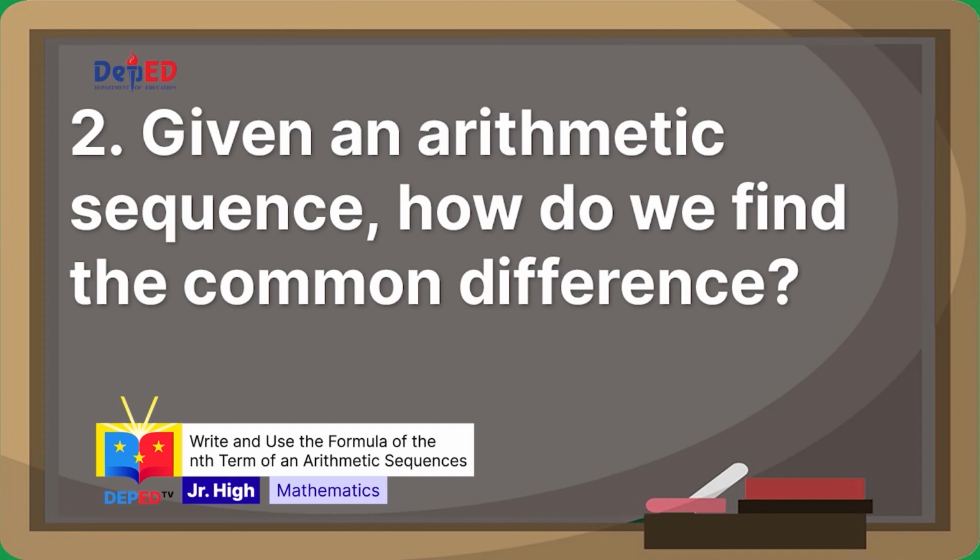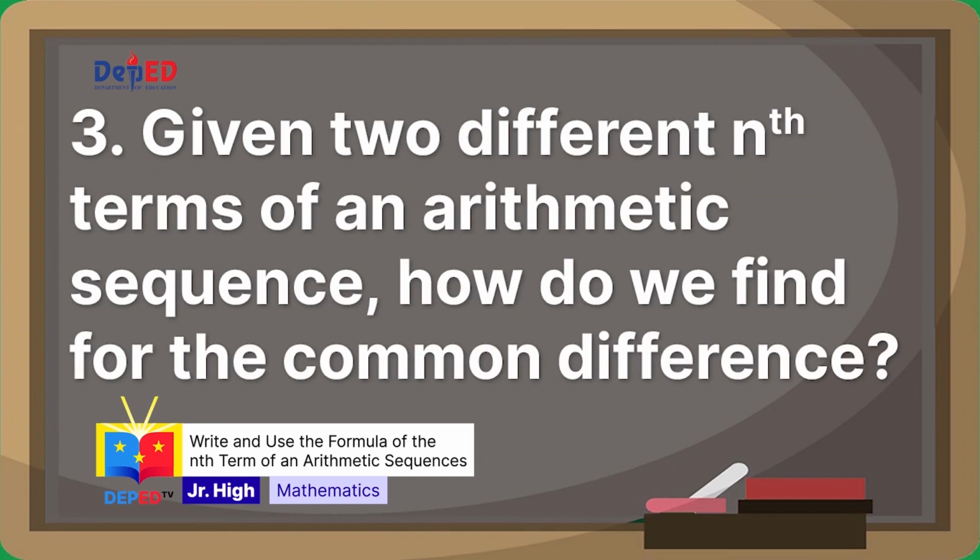Item number 2. Given an arithmetic sequence, how do we find the common difference? Item number 3. Given two different nth terms of an arithmetic sequence, how do we find for the common difference?